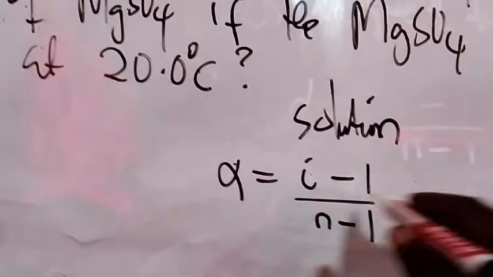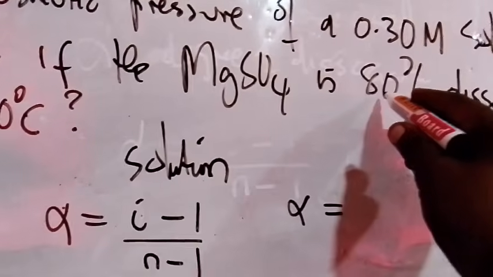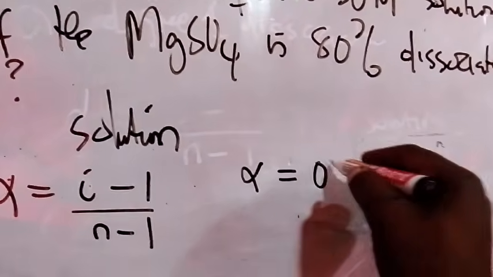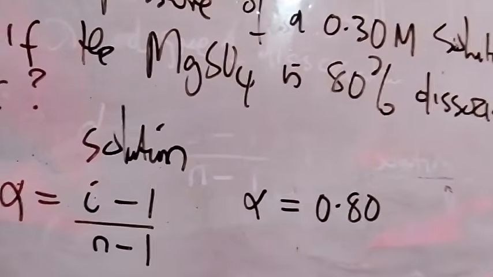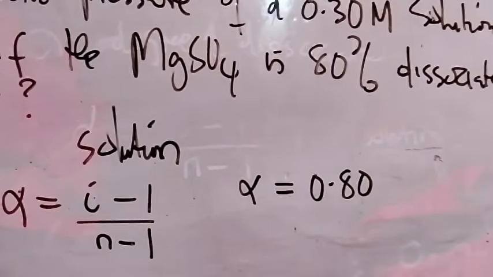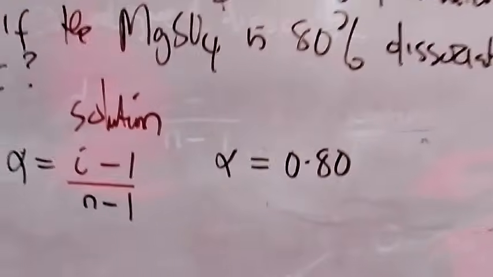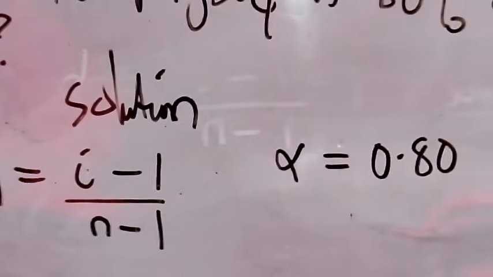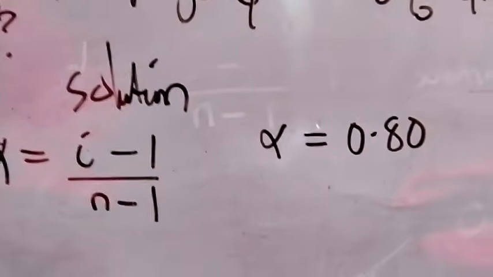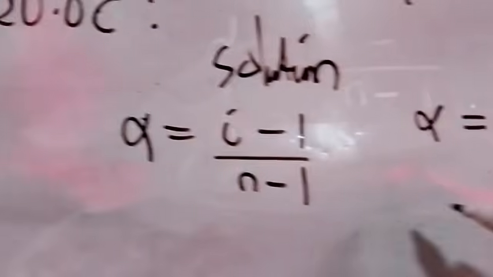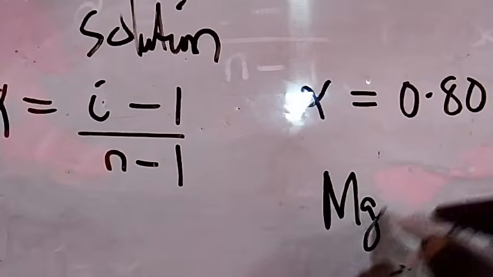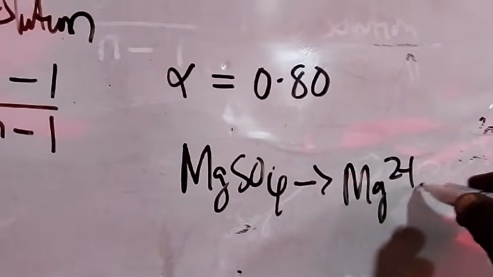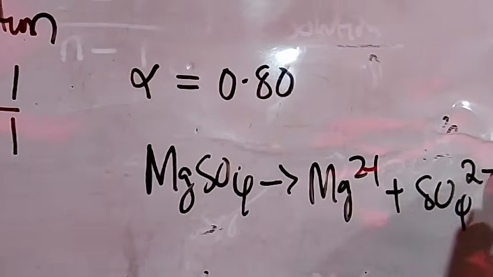In this case, our alpha, the degree of dissociation, we divide by 100, which gives 0.80, the decimal form of the percentage. Then for N, magnesium sulfate will dissociate to form magnesium ion plus sulfate ion.